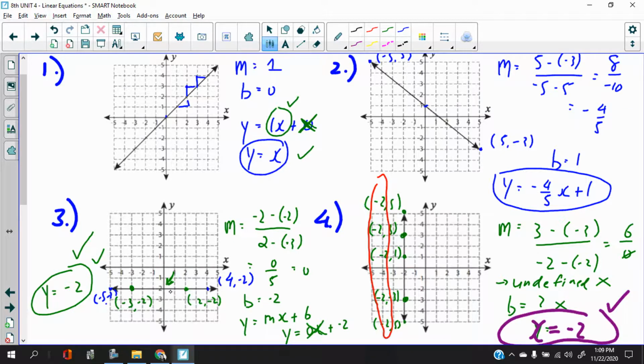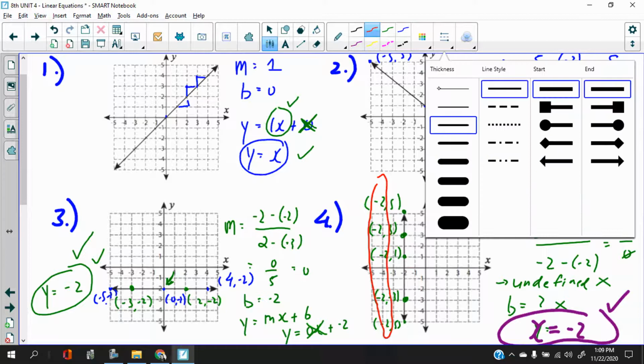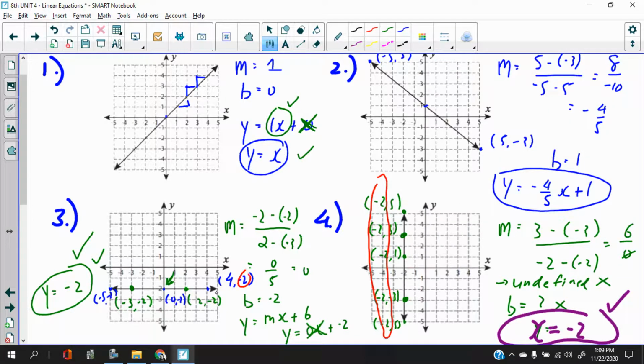If I go right here, what is that? 0, negative 2. What do they all have in common? Yeah, the negative 2. Negative 2, negative 2, negative 2.